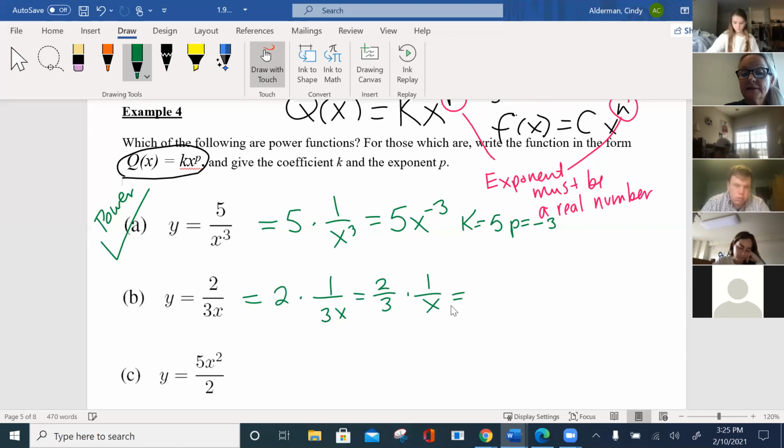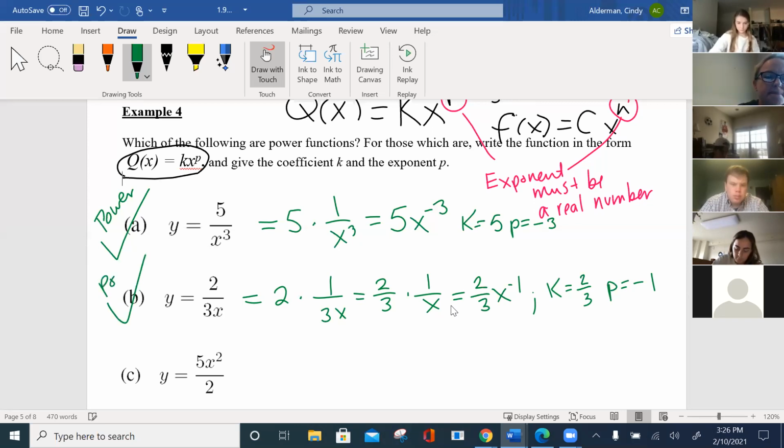So I can write this as 2/3 x to the -1 power. So my k would be equal to 2/3, and my p would be equal to -1. So that's a power function.